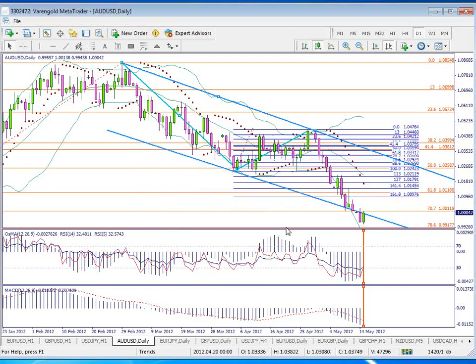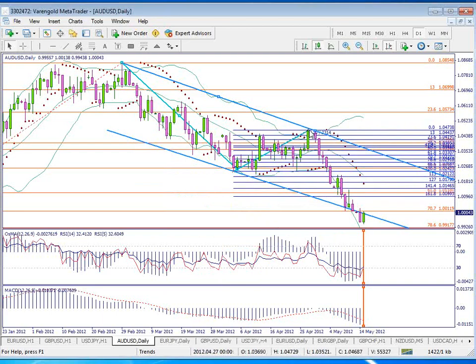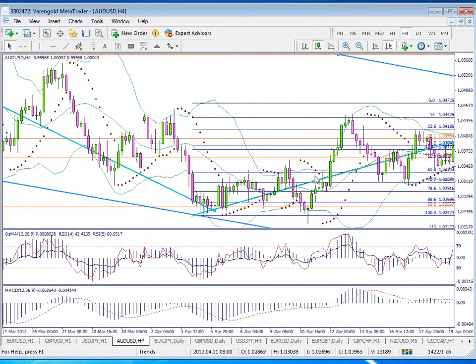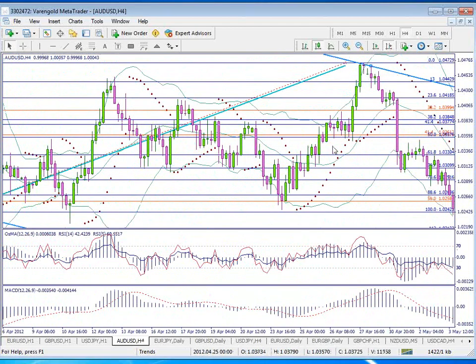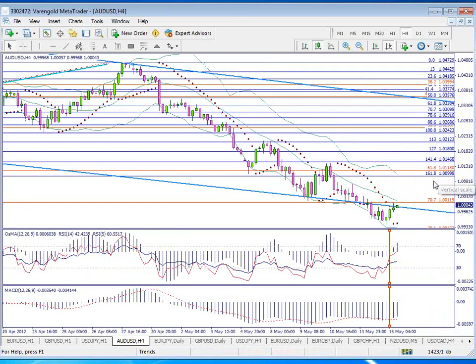Make it blue. So from this point to this high, and I will go on 4-hour time frame because I need to see more distance, and I can see that the pair was lower than 161.8.